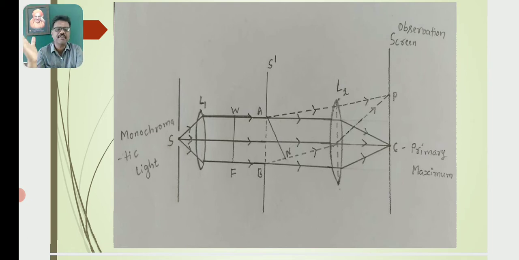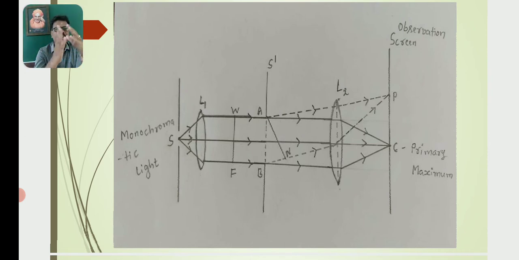The diverging beam from the source S is made to pass through the convex lens L1. Then the waves emerging from the convex lens L1 are parallel to each other, a parallel beam of light, which is nothing but a plane wavefront, where W indicates the plane wavefront.